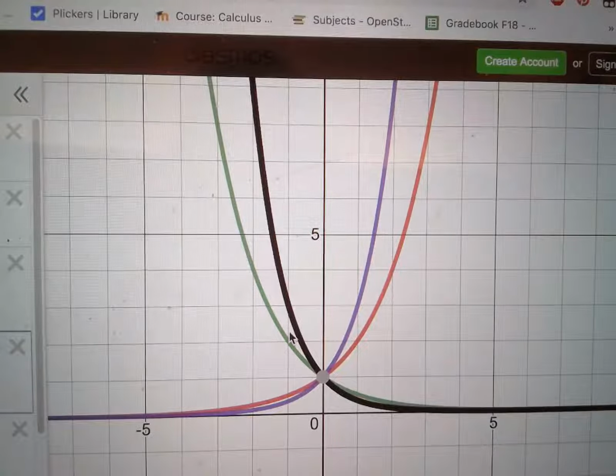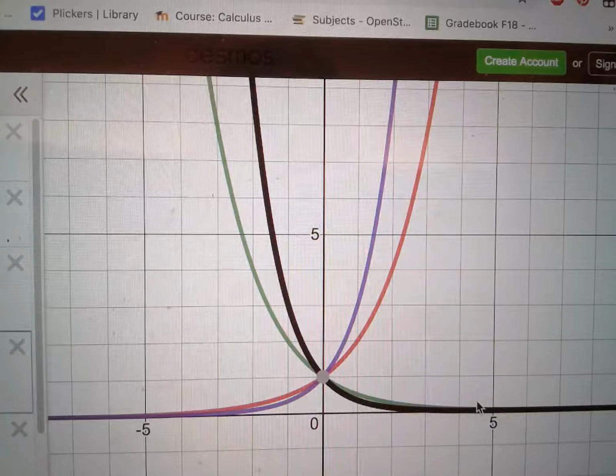My 1/2 to the x, or 2 to the minus x, and my 3 to the negative x, or 1/3 to the x, do the opposite. As x goes to negative infinity, f of x goes to positive infinity, and I can say it in calculus ways too. As x approaches positive infinity, the limit approaches 0. Just something to point out.